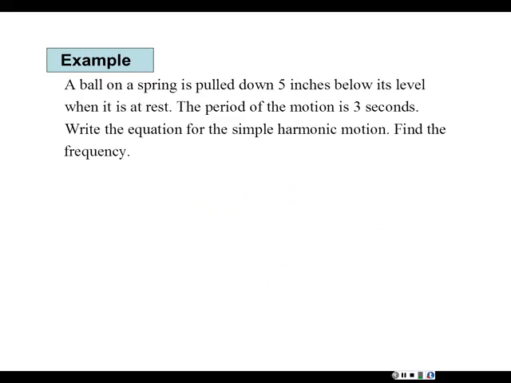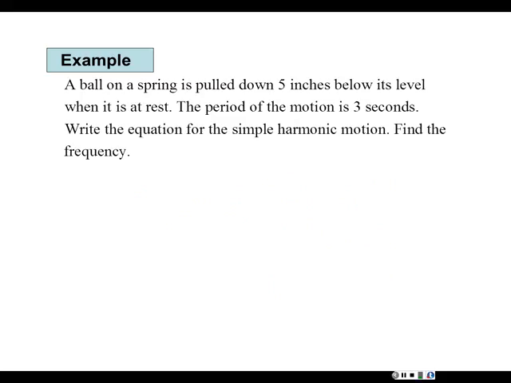How much is pulled down? 5 inches. A couple of things we know from this first line. One is pulled down 5 inches, so that is going to be your amplitude. And is the amplitude positive or negative? Remember, we said that we always consider the initial amplitude. Initially, it was pulled down, so that means it's negative.